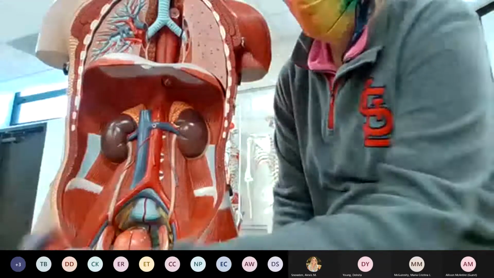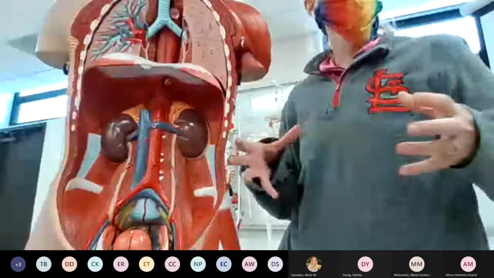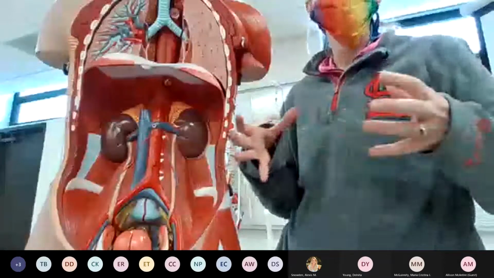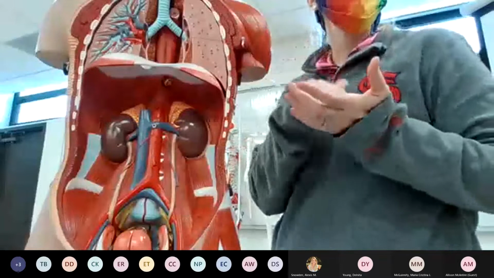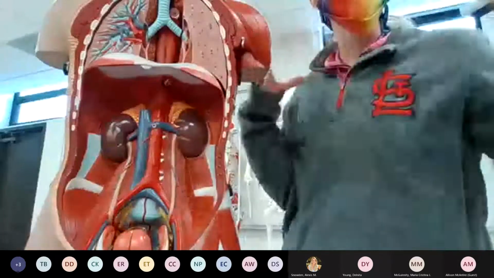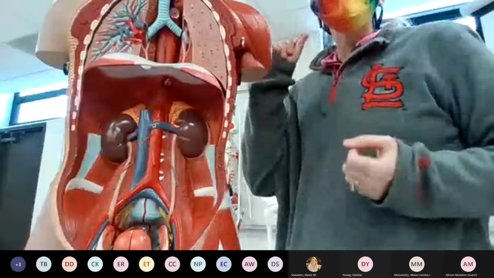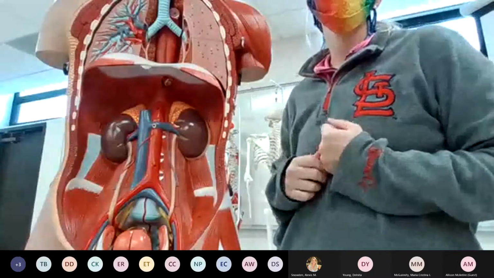And what's interesting is, remember that veins don't have the same amount of muscle layer, don't have the internal and external elastic membranes. But if a vein is asked to be an artery, and especially an artery like a coronary artery where there's a lot of pressure, it will remodel and start to look like an elastic artery.